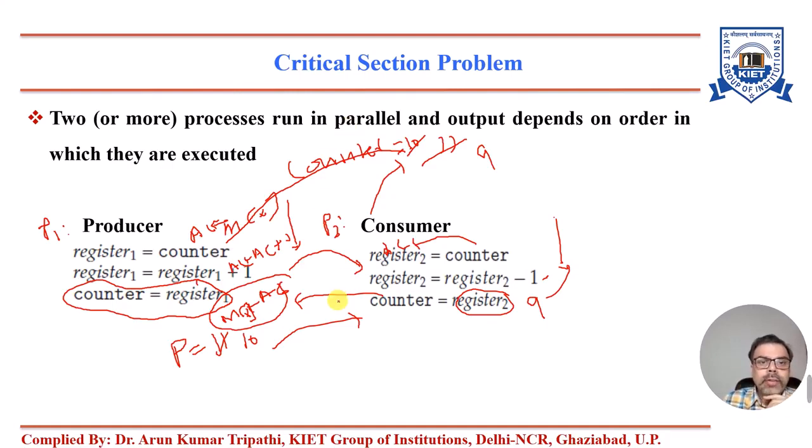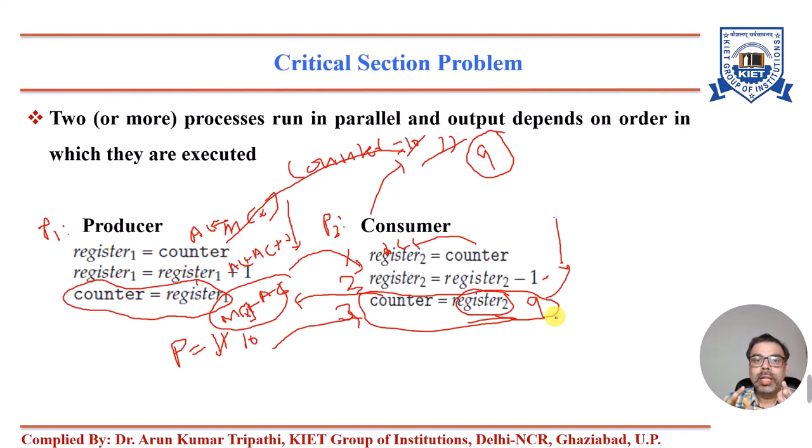Here the value at the memory location depends on the instruction that has executed at the last. Here the process P2's instruction 3, if I am giving the instruction numbers 1, 2 and 3, so instruction number 3 will execute at the last. So the value of the memory location will depend on the instruction of a particular process, that is P2, that executes at the last.